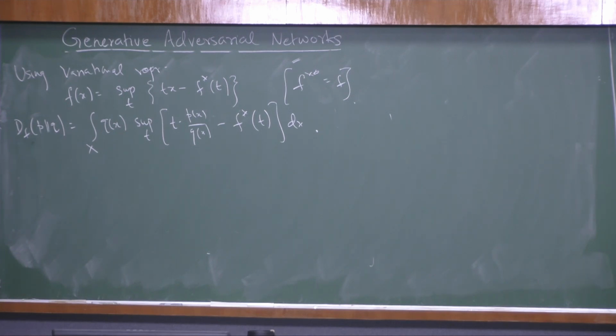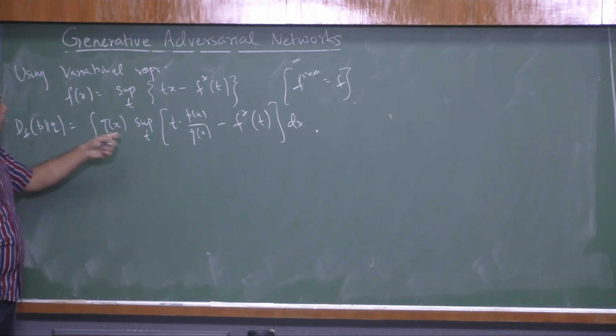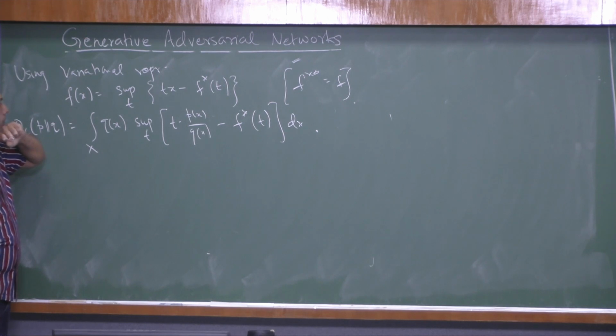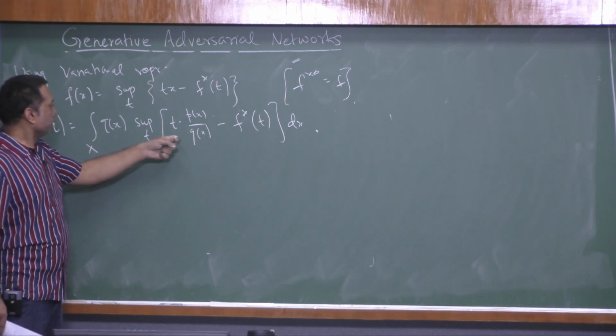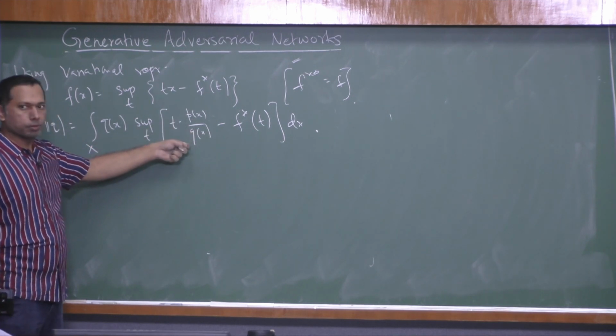Okay, so now if you look into this, our interest would be to take this supremum out, and what are the consequences we will have if we take this supremum out, because the problem here is that this guy is pointwise defined here.